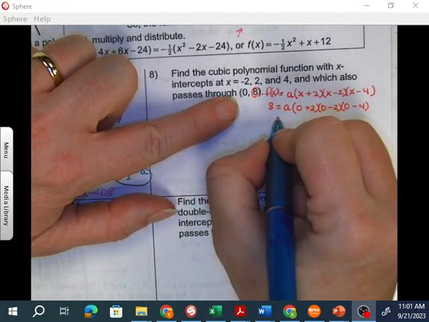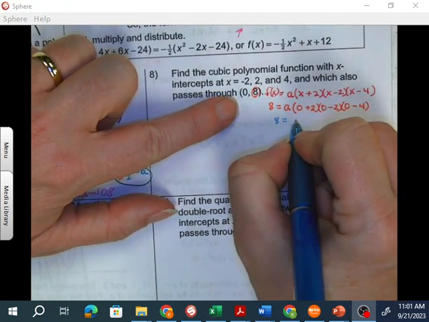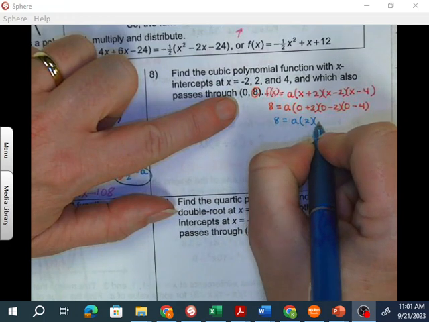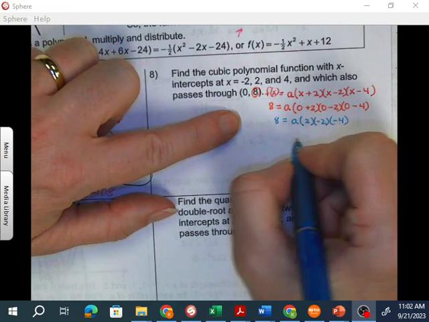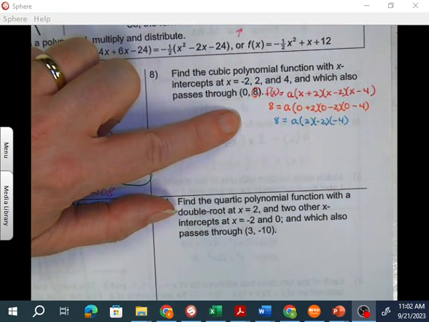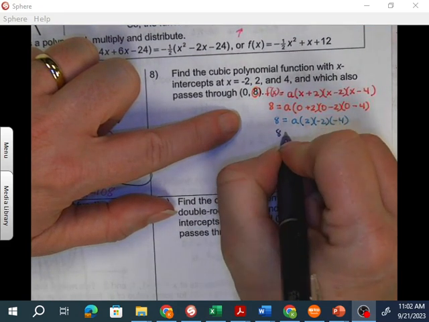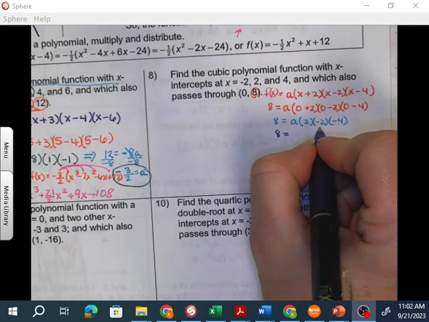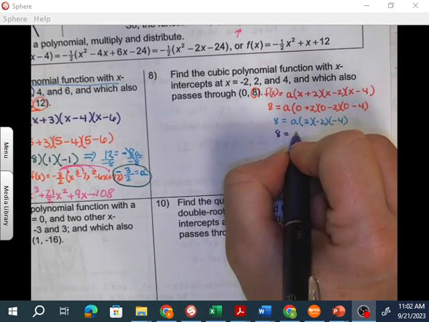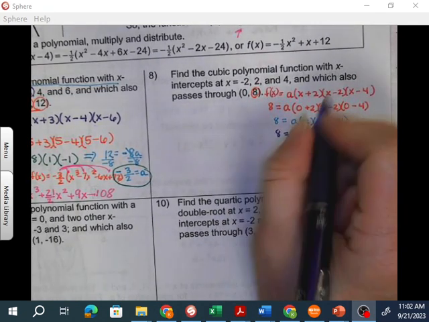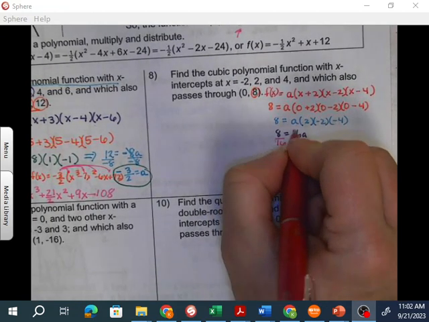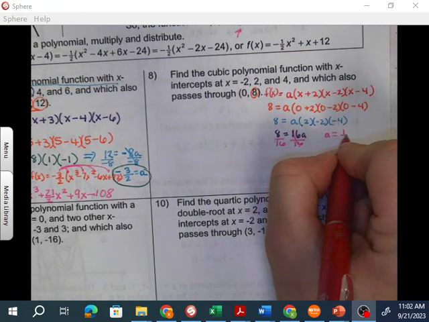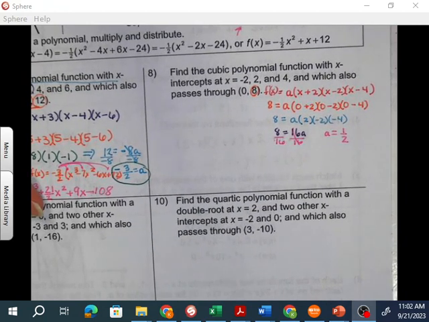Simplify that, you get 8 equals a, 2 times negative 2 times negative 4. So 8 equals 2 times negative 2 is negative 4. Negative 4 times negative 4 is positive 16a. Divide both sides by 16. And a equals 1/2. All right, we good so far on finding a?